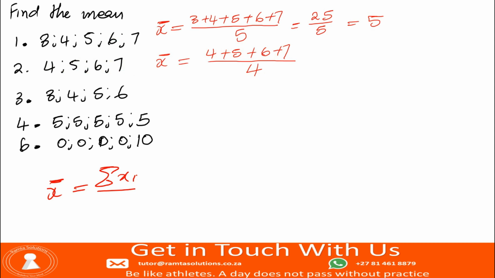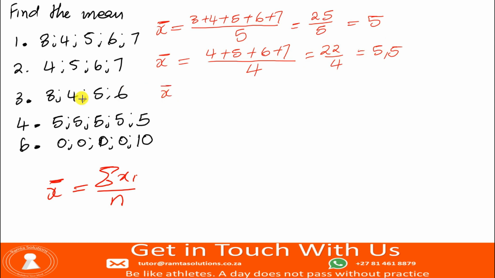This is 9, 15, 22. 22 over 4. This is 5.5.